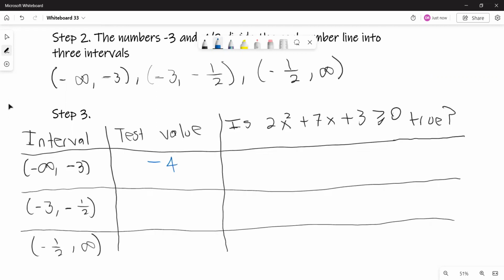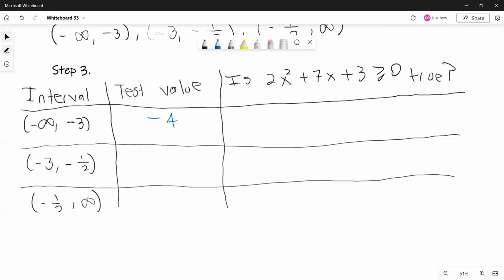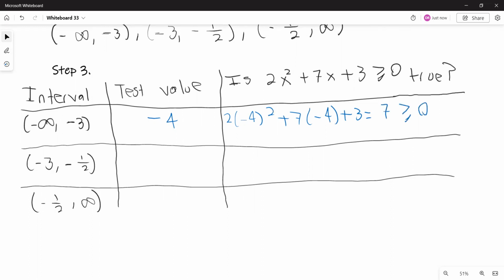Let's plug it in: 2 times -4 squared plus 7 times -4 plus 3. 16 times 2 is 32, 32 minus 28 is 4, and 4 plus 3 is 7. So that is indeed greater than or equal to 0. So this is true.